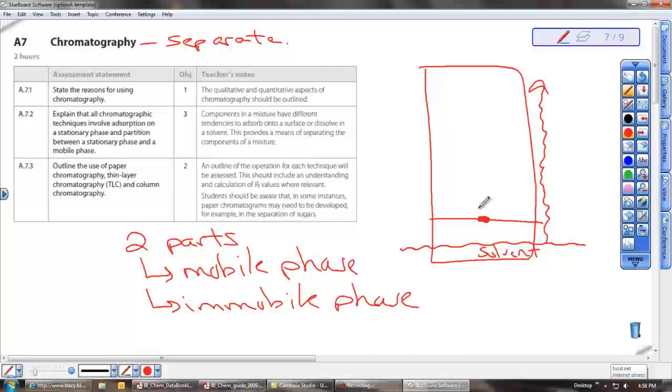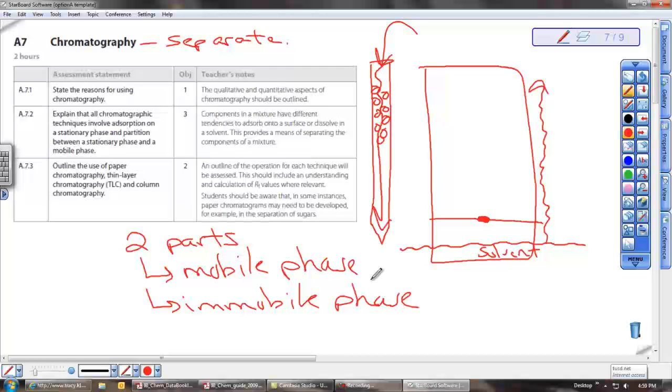Very simple. Now, the curriculum guide here talks about 3 different kinds. There's paper, thin layer, and I believe the third, column chromatography. But they all work on the same principles. Thin layer and paper are just like this. There's a solid media that you have to move through. Column chromatography, usually it's like a burette, and there are beads or filter paper or something in here, and you pour the liquid in the top, and it could be size exclusion, so the smaller ones get through faster.